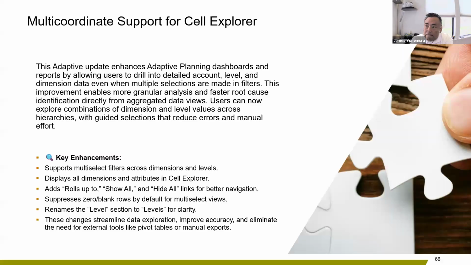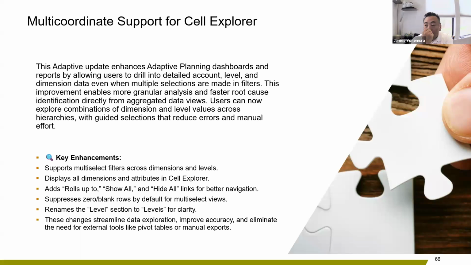Okay, and the last one. If you're doing an explore cell, you'll notice that whenever you want to drill down into multiple dimensions or levels or even accounts, you have to drill into them one at a time to get down to the very last intersection.